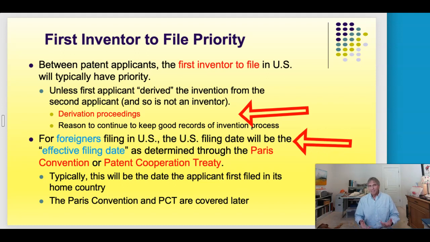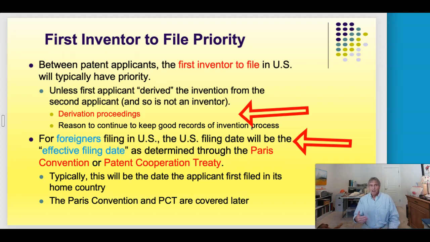So for completeness, I have added one more item to this slide that addresses a topic we will cover when we review procedures for getting patents in the international realm. The bottom line is that there may be individuals from other countries who file their US patent applications after you do.